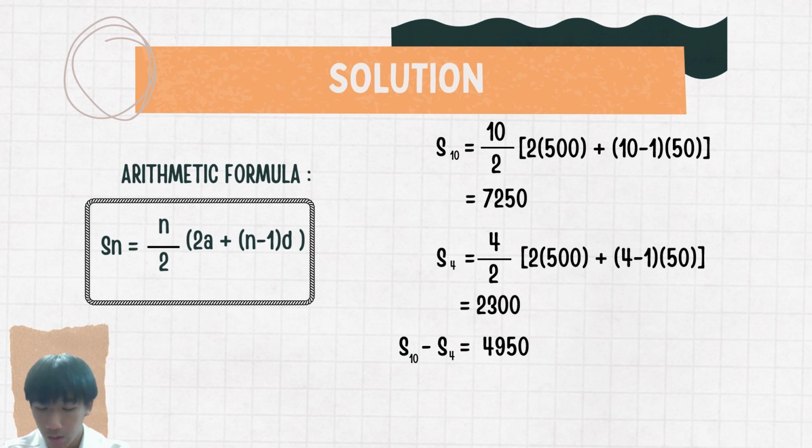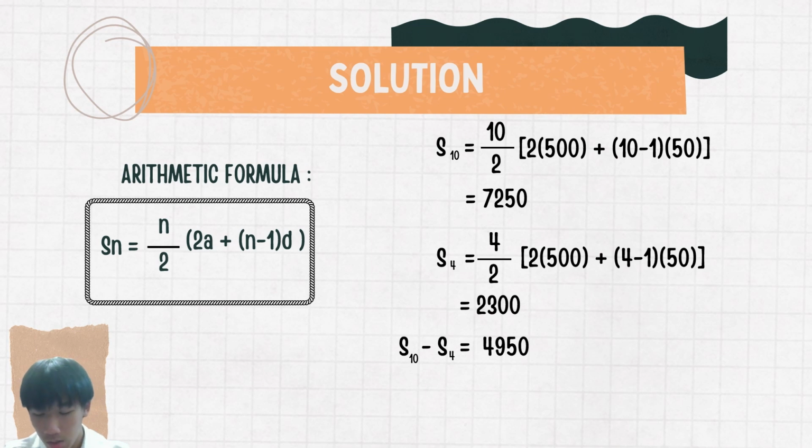After that, we take the sum of the first 10 terms minus the sum of the first four terms, and we find exactly the same answer as the first solution. We get 4,950, and this is the answer for this question.